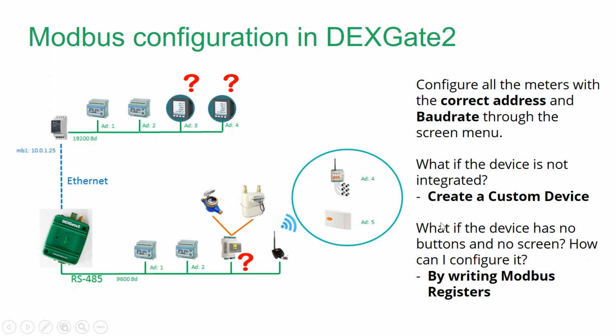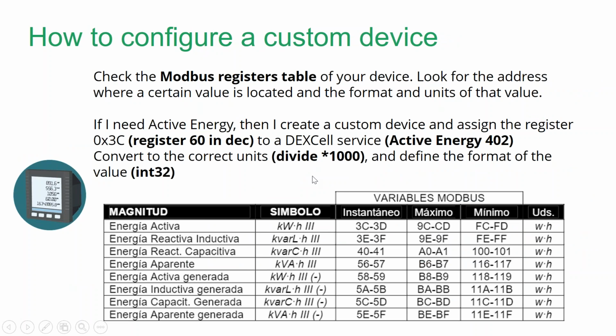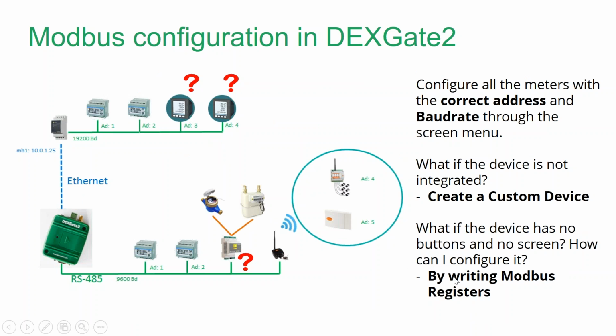Okay, we will see both concepts. Create a custom device, and also how to write registers in a Modbus device to configure, for example, the address or the baud rate.